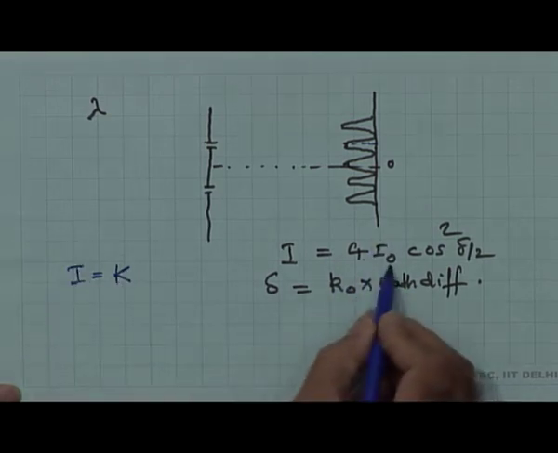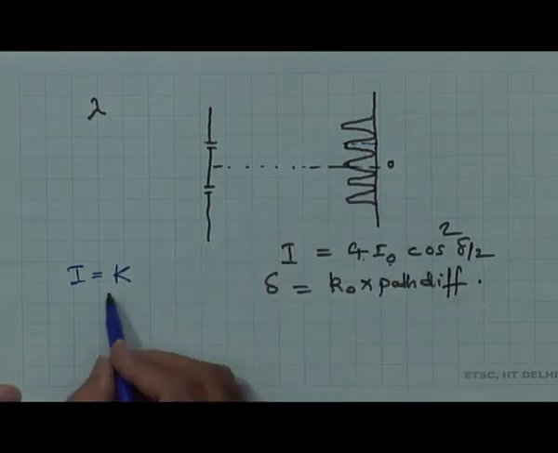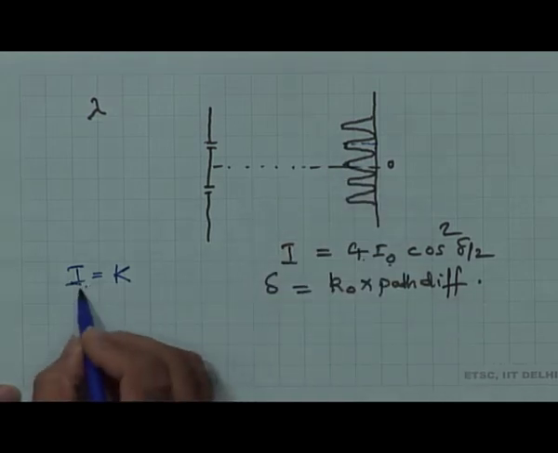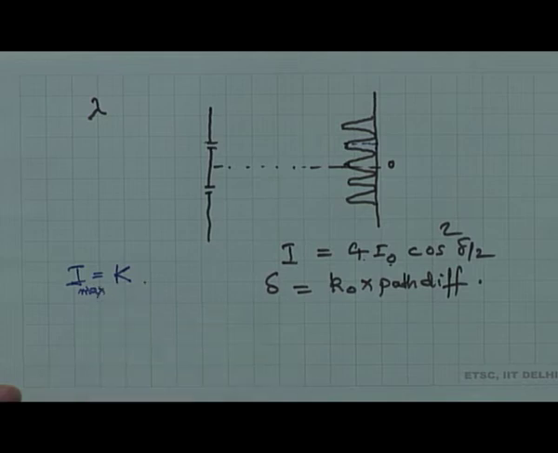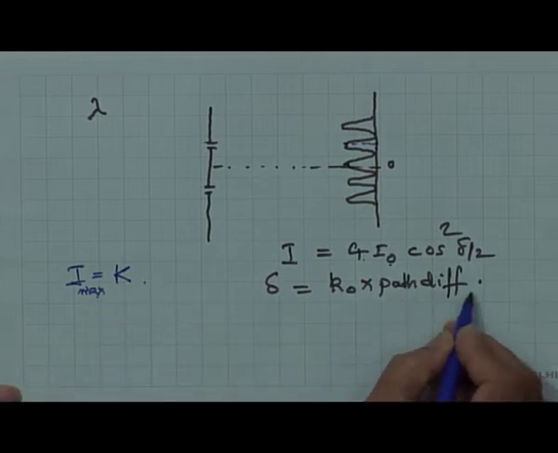We need not write it as 4 times I 0. So I max is k when the path difference is lambda.